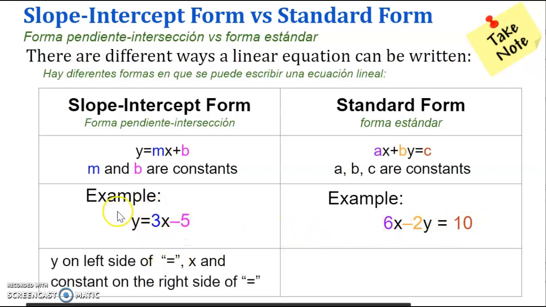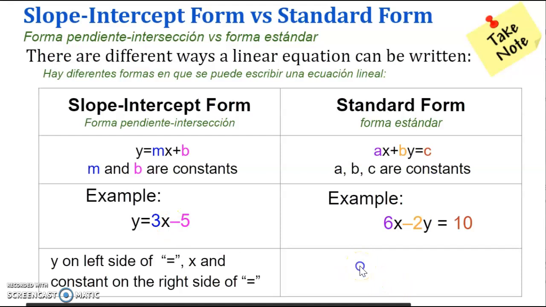So what do we notice about slope-intercept form and standard form? With the slope-intercept form, notice that y is on one side of the equal sign, the left-hand side, and the x term and the constant are on the other side, the right-hand side. So y is on the left, and 3x minus 5, or mx plus b, some x term and a constant, is on the right-hand side.